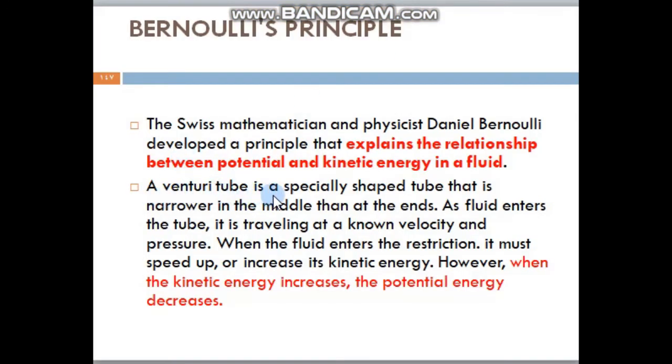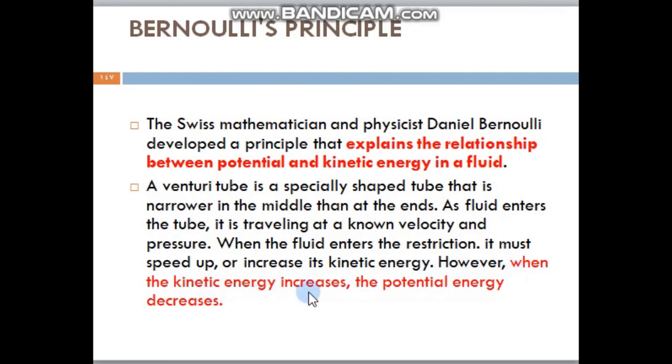The venturi tube is a specially shaped tube that is narrower in the middle than at the ends. As fluid enters the tube, it's traveling at a known velocity and pressure. When the fluid enters the restriction, it must speed up, or increase its kinetic energy.